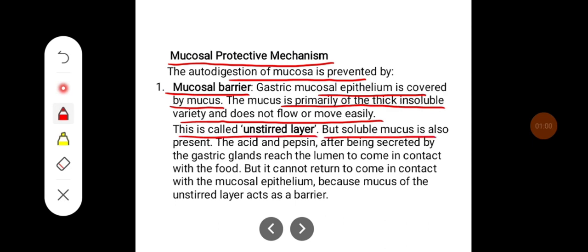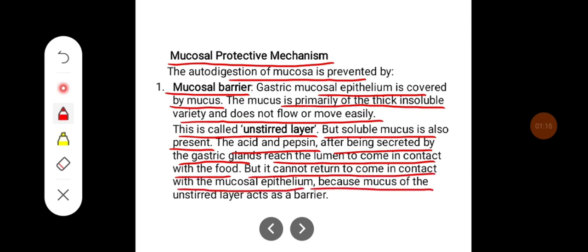But some soluble mucus is also present. The acid and pepsin, after being secreted by the gastric glands, reach the lumen to come in contact with the food. But they cannot return to come in contact with the mucosal epithelium because of the mucus of the unstirred layer, which acts as a barrier.